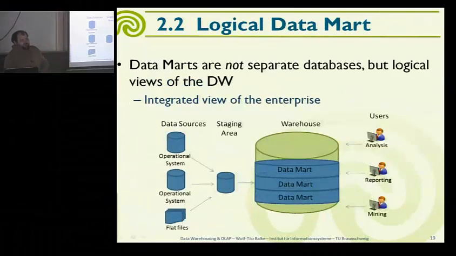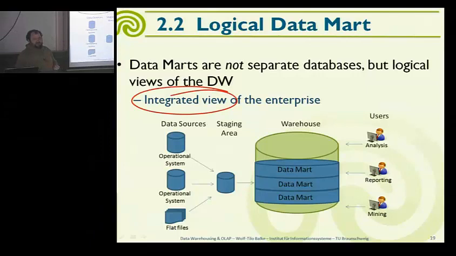Good. Then you have the logical data mart. The logical data mart is an idea. You don't split the different data marts, and these are the horizontal tiers, but you split the data in the data warehouse and build horizontal tiers with it. So there are logical views of the data warehouse, which give you basically an integrated view of the enterprise.